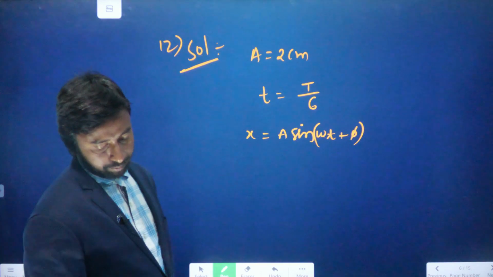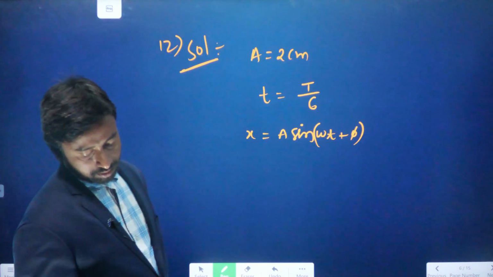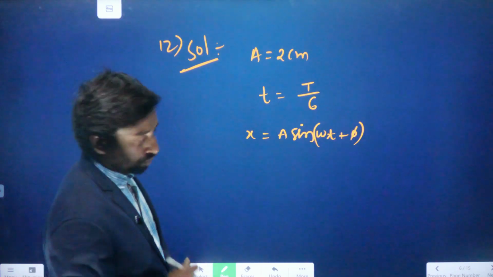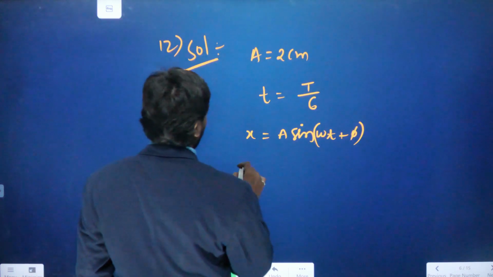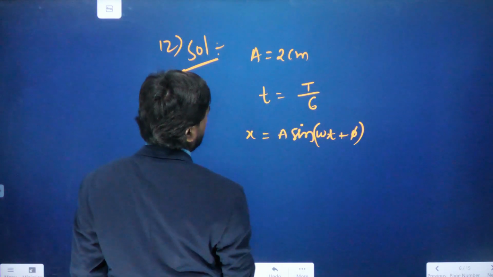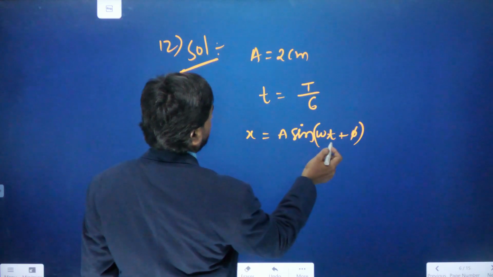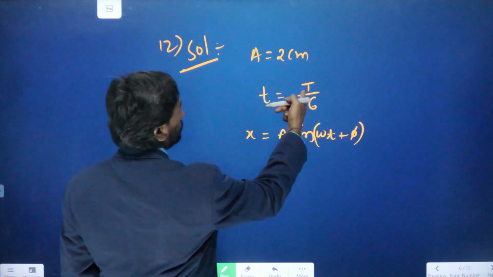Its displacement from its mean position in a time equal to 1 by 6th of its time period. Okay, so here amplitude A is equal to 2 centimeters will come there, and the x value we need to find out, and omega is 2 pi by T.